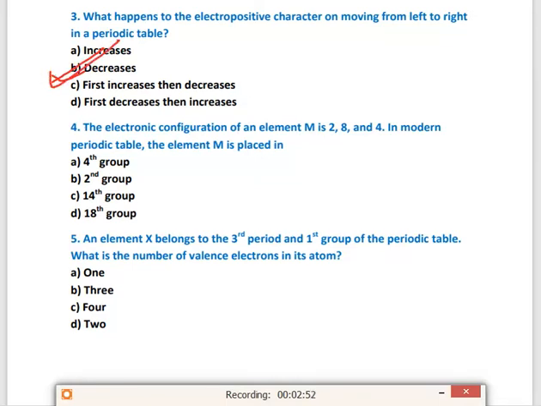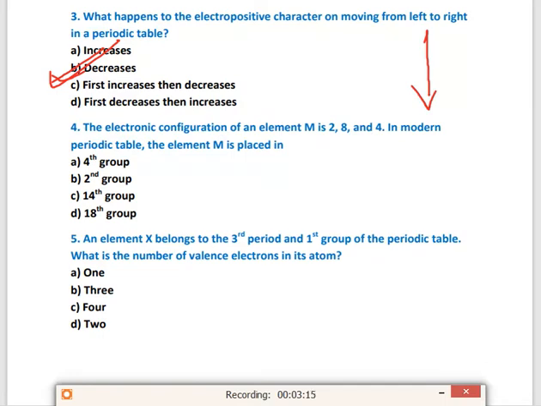Always it will decrease. But when we move down a group from top to bottom, the electropositive character increases. And why is it so? Electropositive character of an element is the ability to lose electrons and form positive ions. We have read that metals are electropositive in nature. Why? Because they can lose electrons and form positive ions, like Na+ and Mg2+. They are all metals.